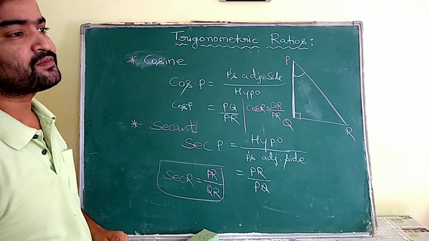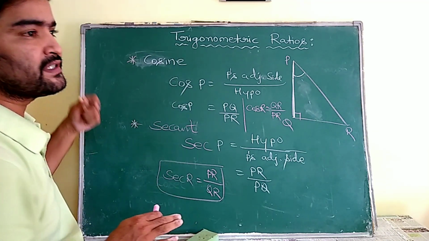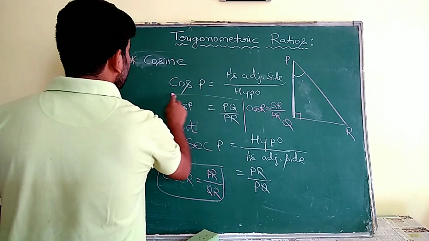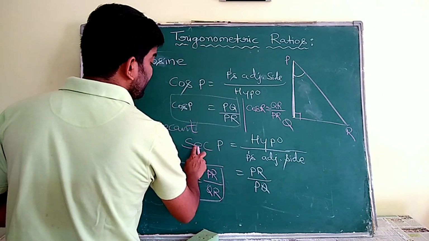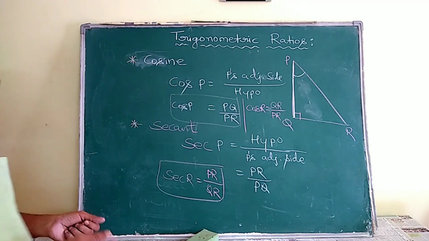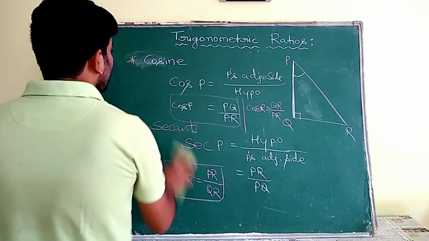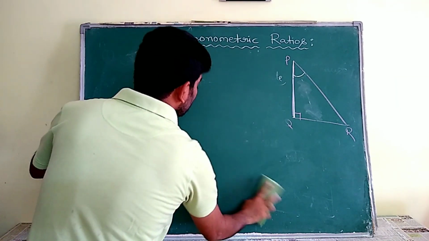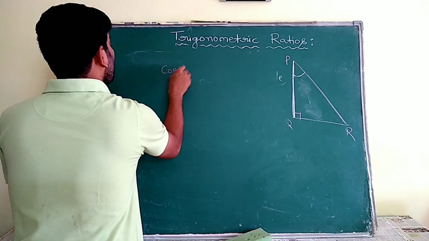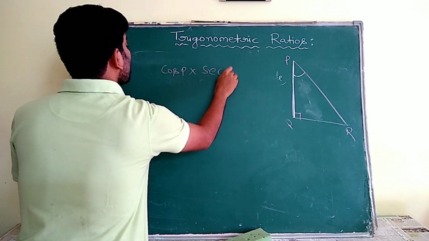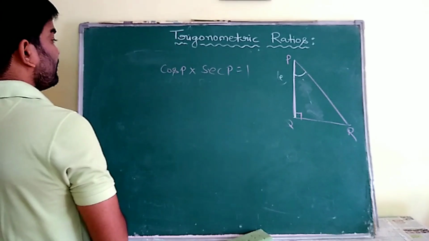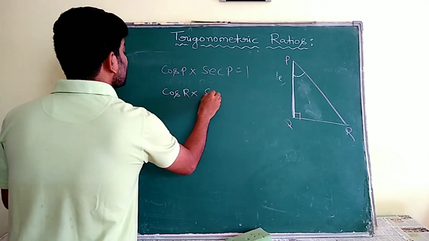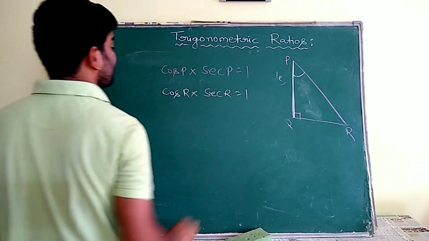Here also we observe the same thing we discussed in the sine family. Cos p and secant p are reciprocal to each other. So cos p into secant p gives us 1. Similarly, cos r into secant r is equal to 1.